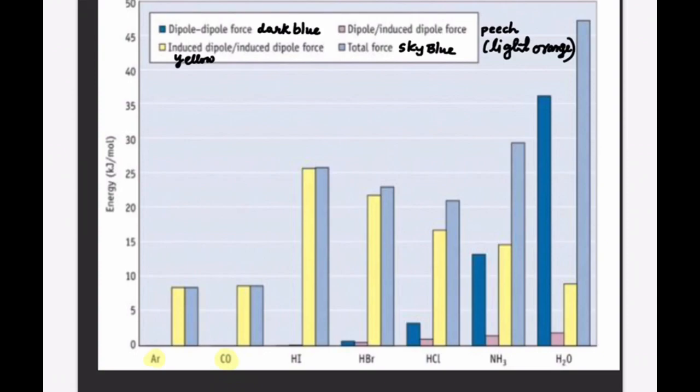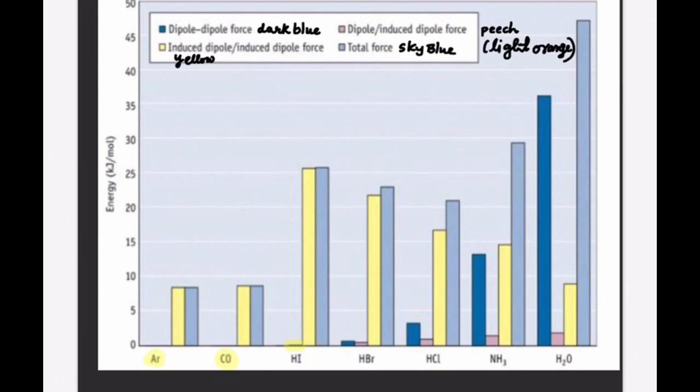And same way we are discussing HI. In the case of HI, due to polarity, because the difference in electronegativity of hydrogen and iodine is not much, there is a very small quantity of dipole interactive forces, but most of the interactive forces acting between HI molecules are induced dipole interactive forces.